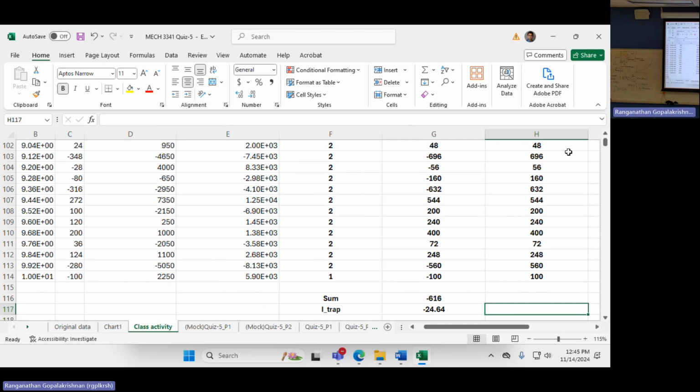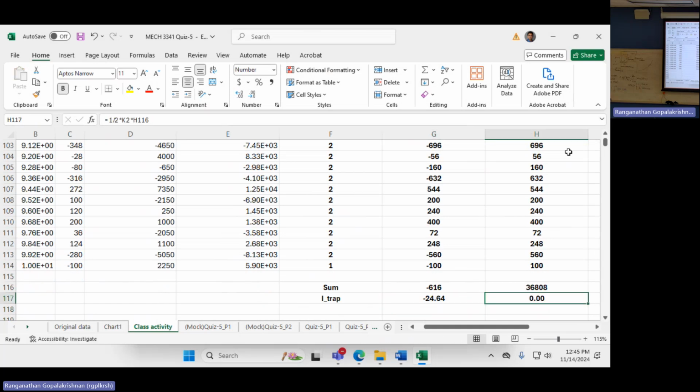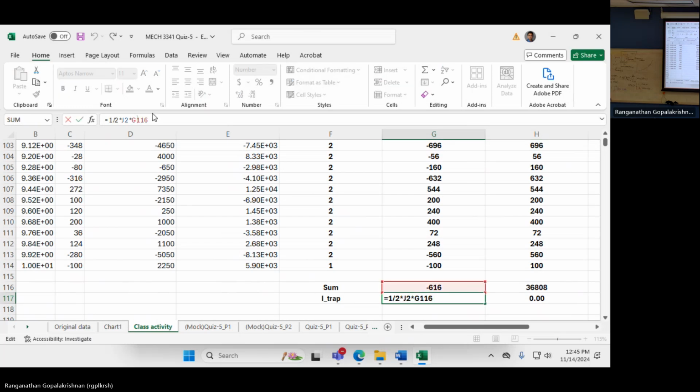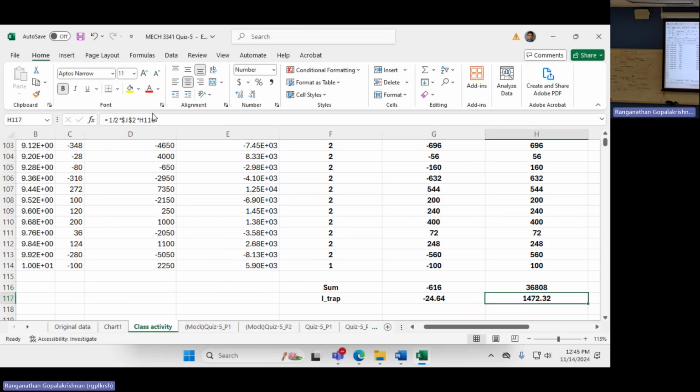In fact, after that, it's all child's play because the rest of the formulas don't change. So if I just sum up the magnitudes, I'm getting 1472.